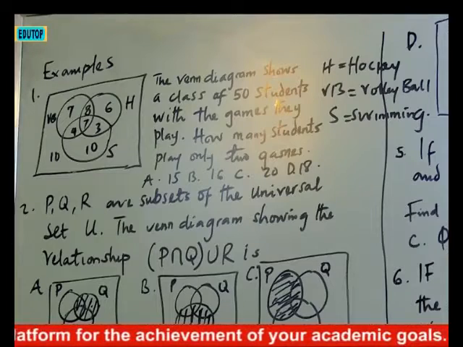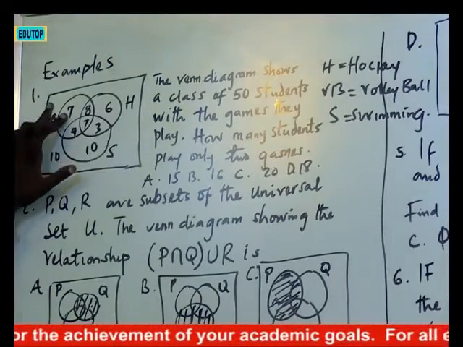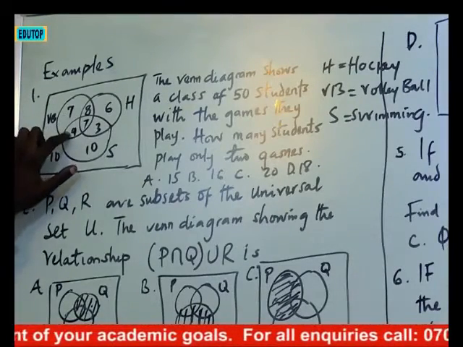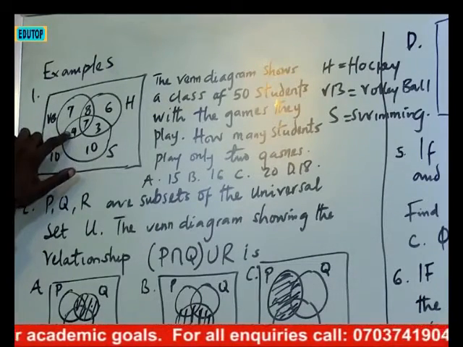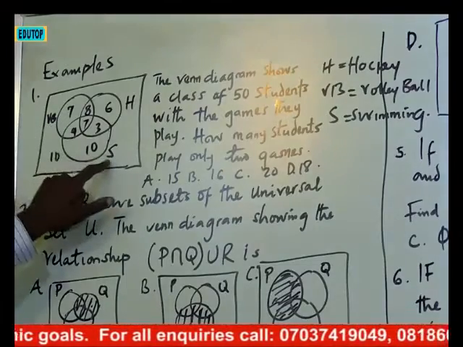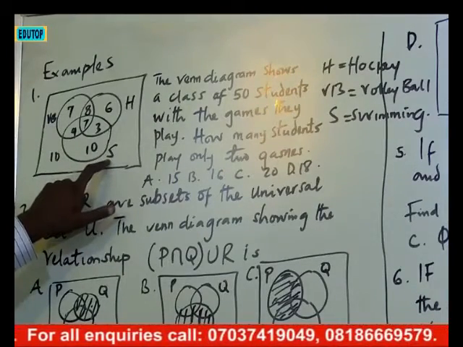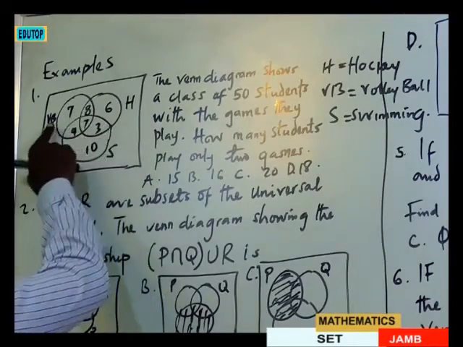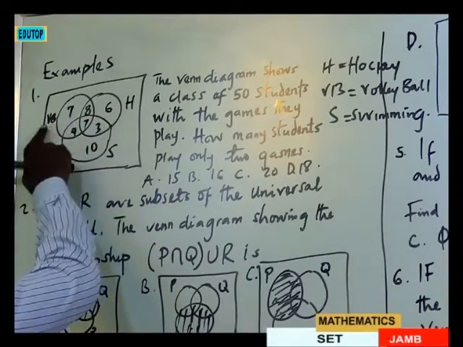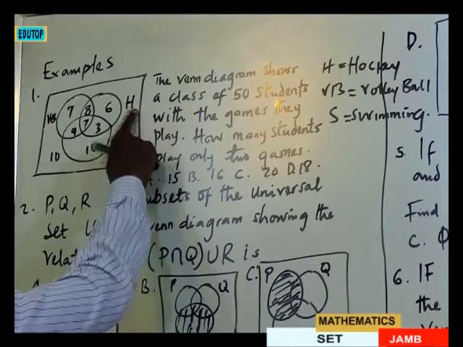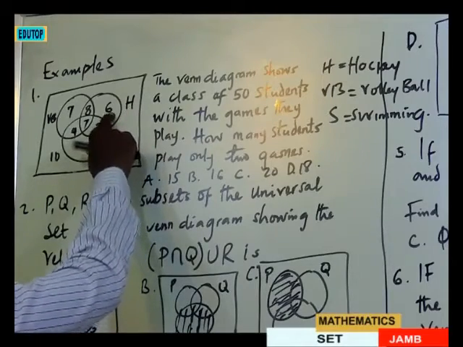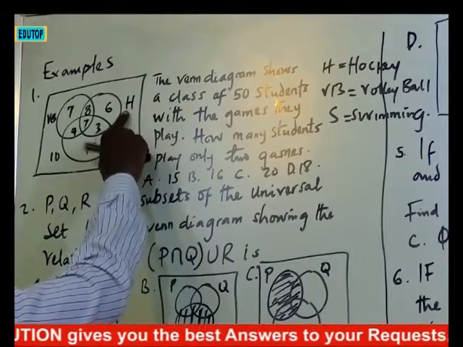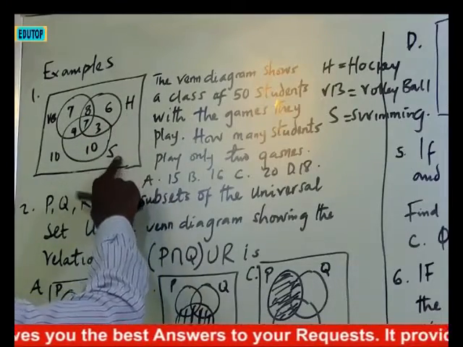So we look at this. This one, 7 play only football, only volleyball. That's what it means. 4 students play volleyball and swimming. Then 8 means 8 plays volleyball and hockey. 6 means 6 play hockey. 3 means both hockey and swimming.